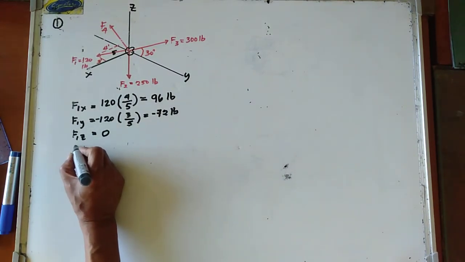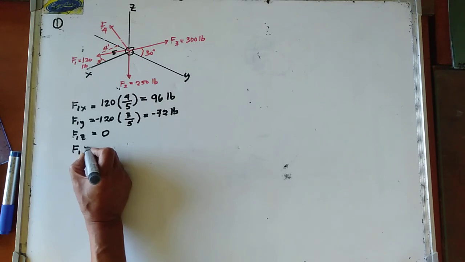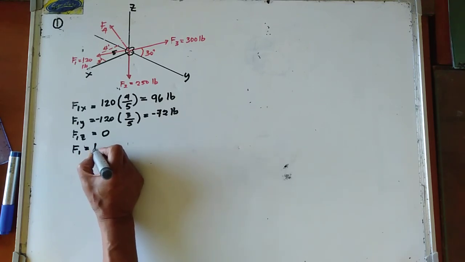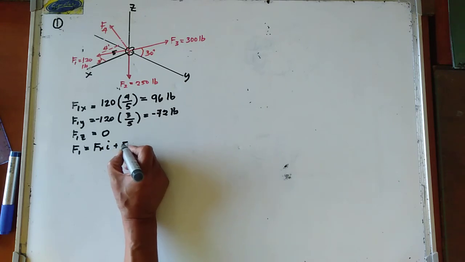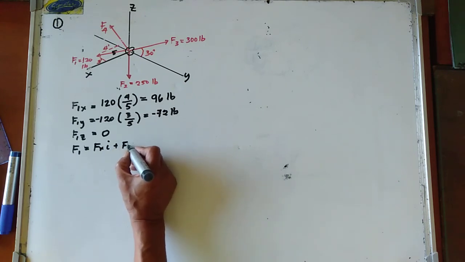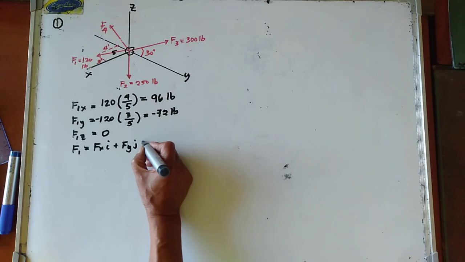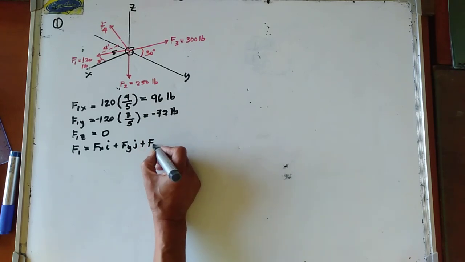Such that in Cartesian vector form, your F1 is equal to Fx i plus Fy j plus Fz k.